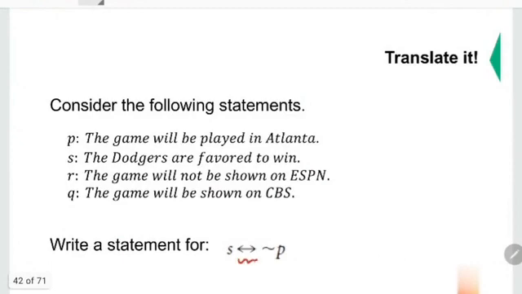You have this. If and only if. And then, negation of P. So what's S? The Dodgers are favored to win. If and only if.